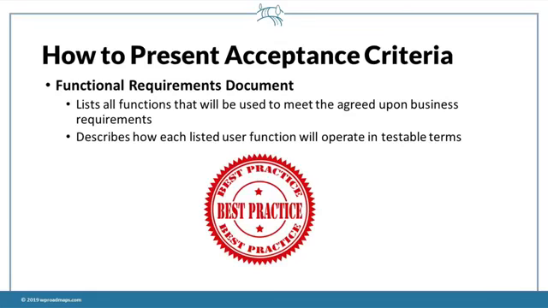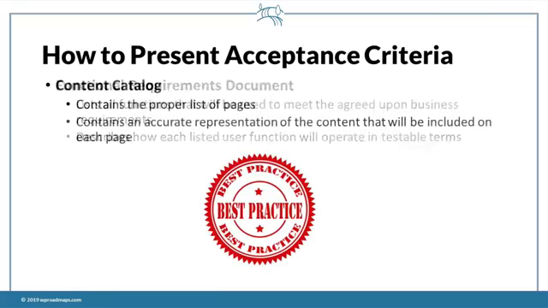List all functions that will be used to meet the agreed upon business requirements. So if it does that, then it meets that criteria. Describes how each listed user function will operate in testable terms. So there could be many more in this section, but that's a good representative sample.